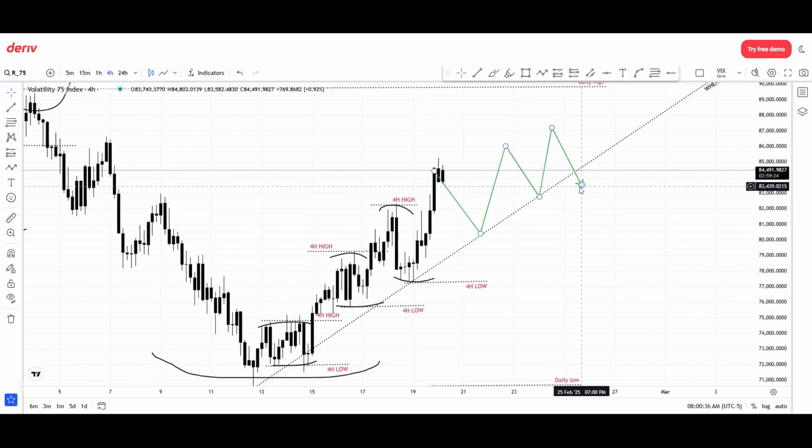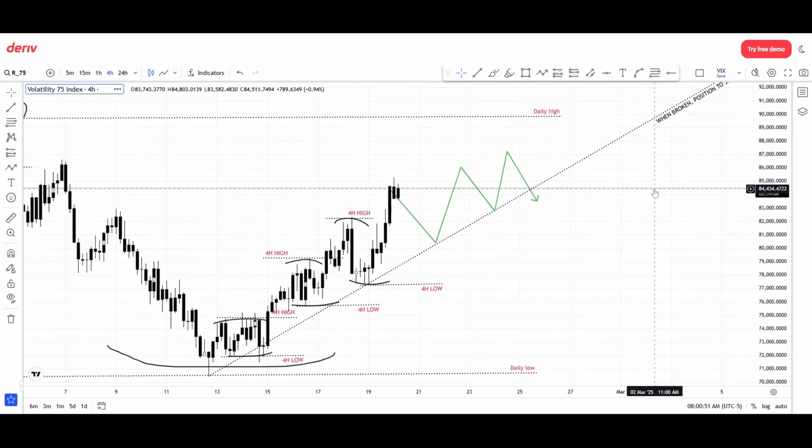When you see this break on a 4 hour time frame, we should ensure that the candle closes below the 4 hour trend line.